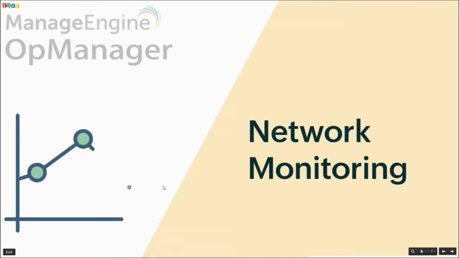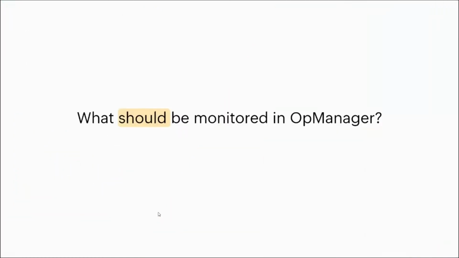So now let's kickstart part 2 of the Op Manager training series on network monitoring. So what should be monitored in Op Manager and what all can be monitored using Op Manager? When we talk about monitoring, the metrics which a network or a system administrator wants to monitor in their environment vary in a wide range based on their network requirements.